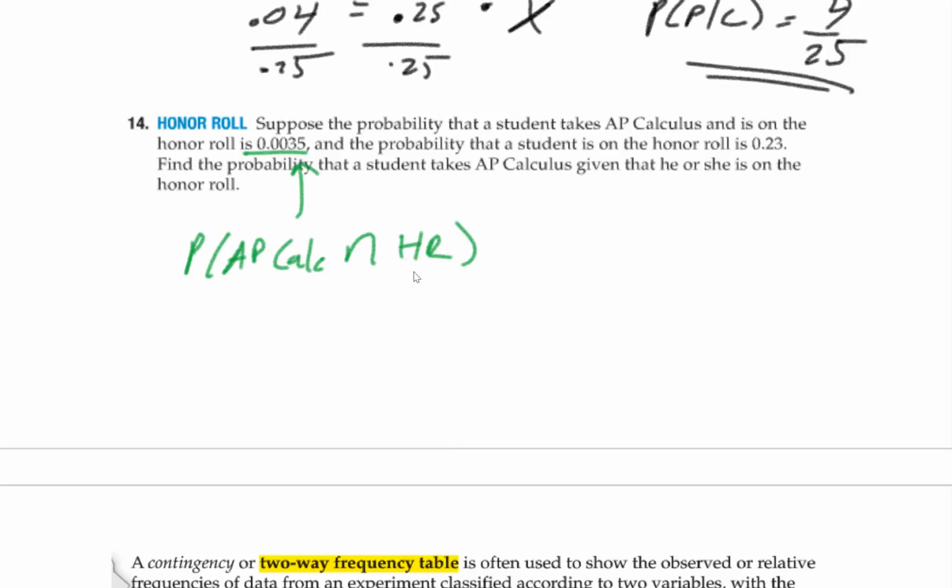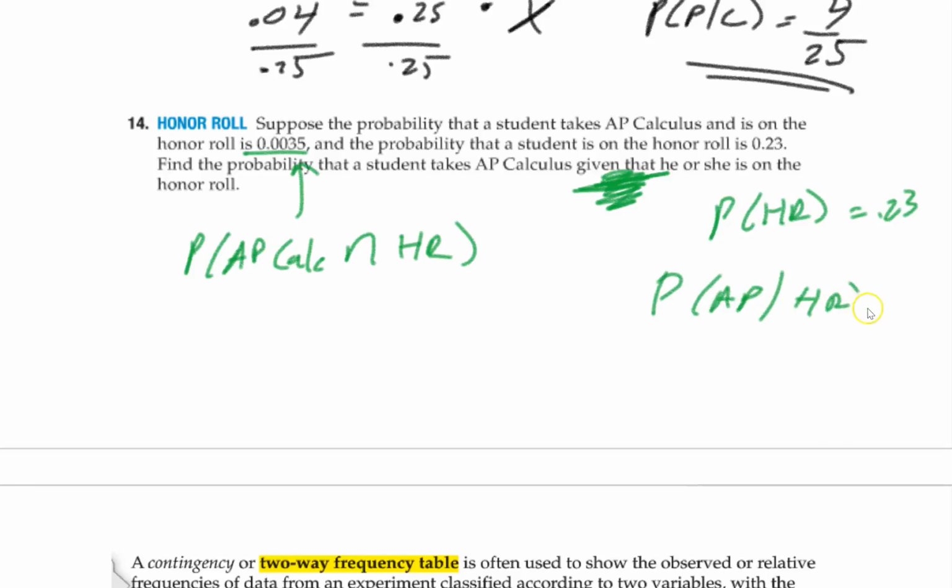Is it just me? Anyway, probability that a student is on the honor roll is this one, so that's 0.23. Final probability: the student takes AP Calc, given that, keyword, he or she is on the honor roll. So we're looking for probability AP Calc, given honor roll.